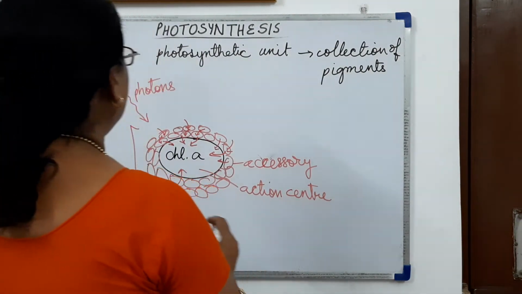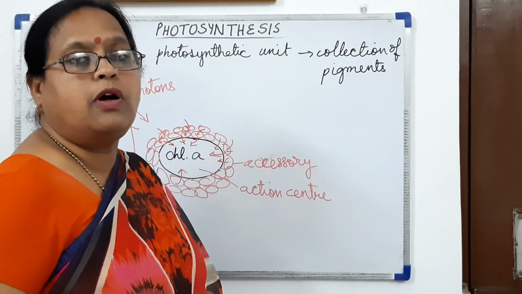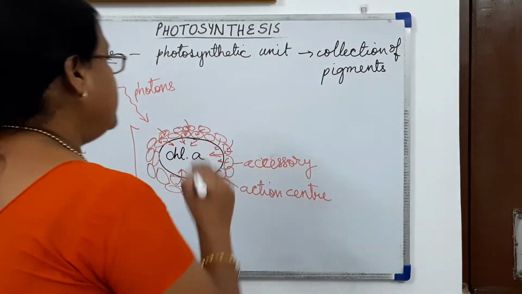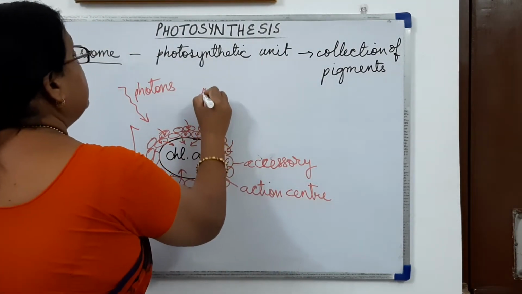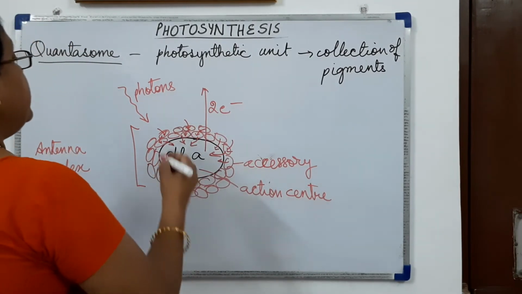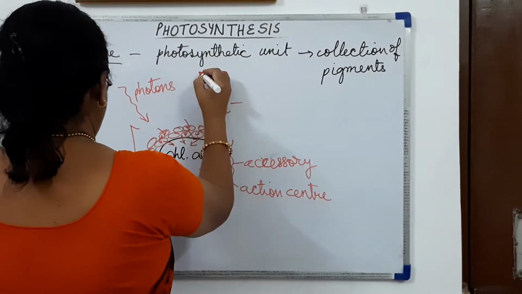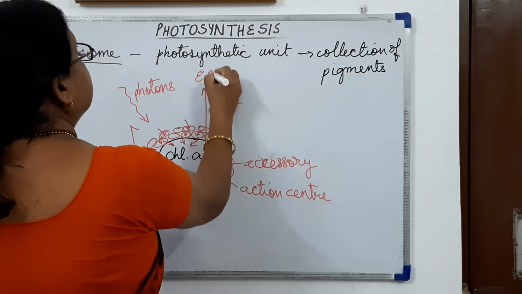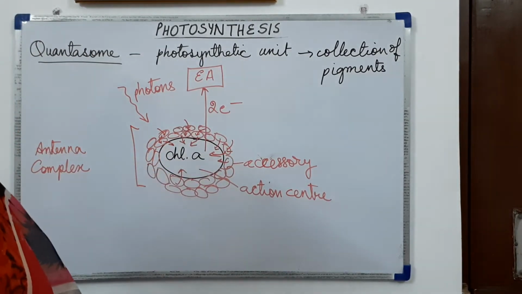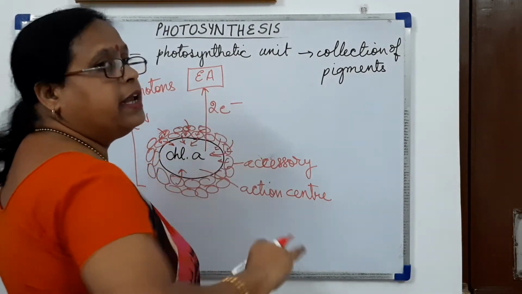Now when the chlorophyll pigment gets a sufficient amount of energy passed by these accessory pigments, it will get excited and it will release 2 electrons at a time, and these 2 electrons are accepted by the electron acceptor, which is a molecule placed at a high energy level. So this molecule has a high energy level.